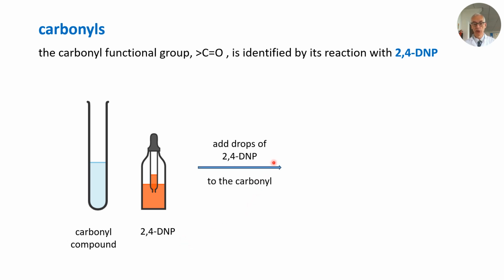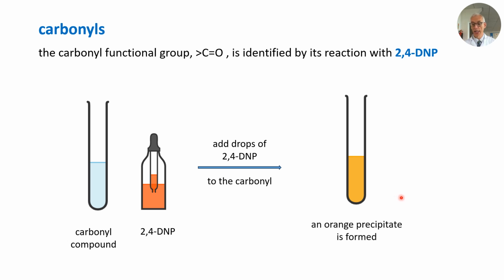Add drops of 2,4-DNP to the carbonyl. There's an immediate orange precipitate, or you may have to wait for the orange precipitate to form. In both cases, that is a positive identification of the carbonyl group.